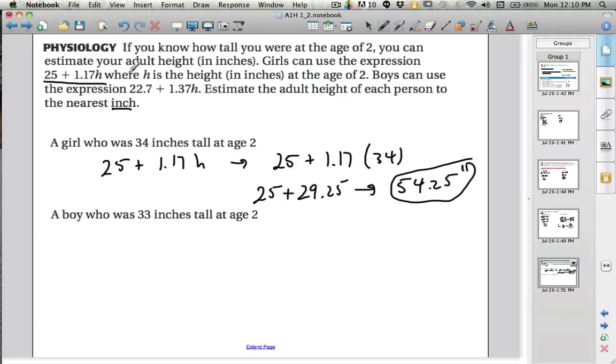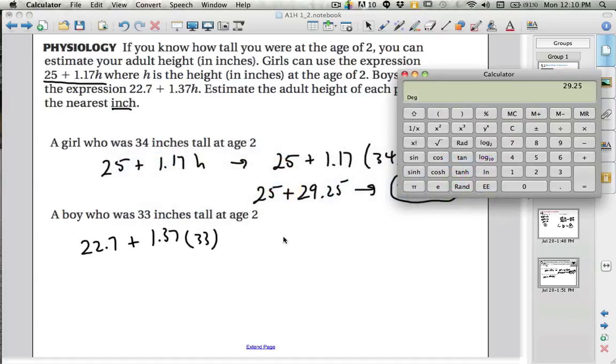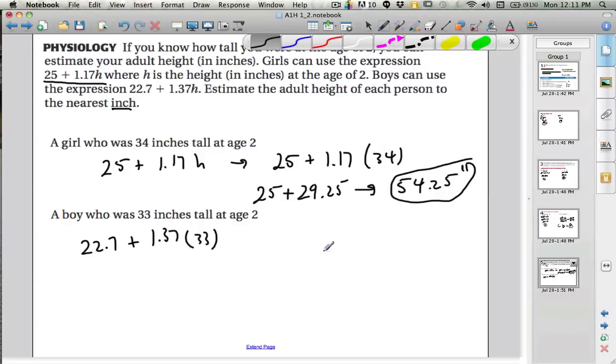Now we want a boy, so I'm going to use the other formula, 22.7 plus 1.37 times the height, 33 inches. So he was an inch shorter than the girl at age 2. But let's find out what we get with this. So I'll have 1.37 times 33, 45.21 plus 22.7, 67.91. So now that's interesting, 67.91.